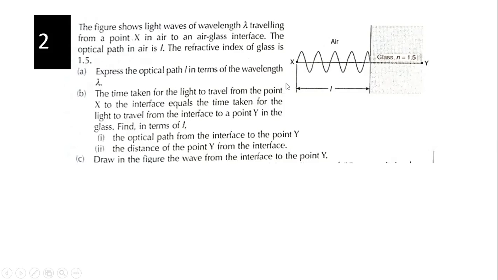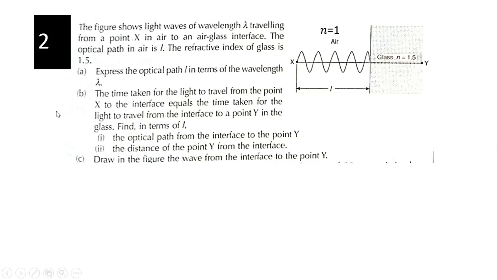The optical length is L. The refractive index of glass is 1.5. Express the optical path L in terms of wavelength. What's the answer? Length equals 4.5 lambda. Just count the number of wavelengths.